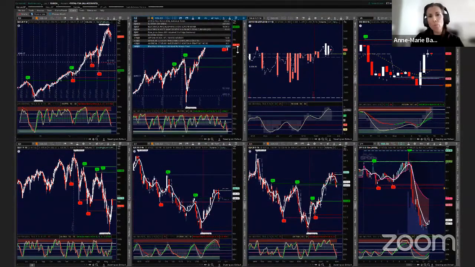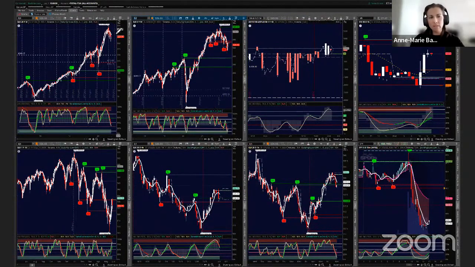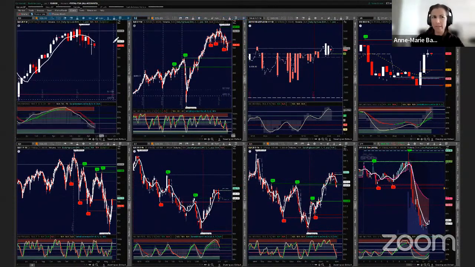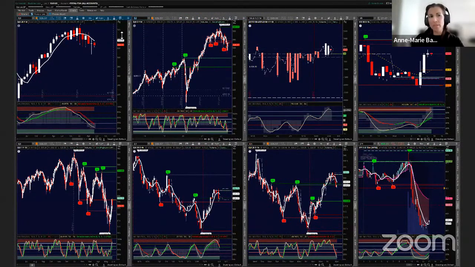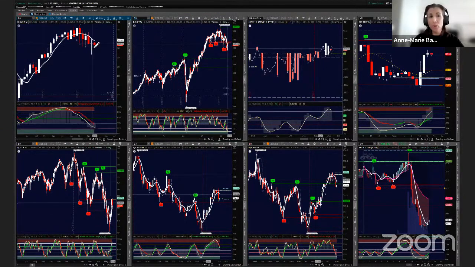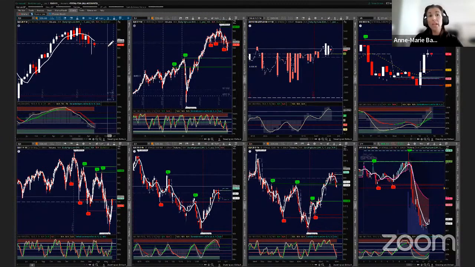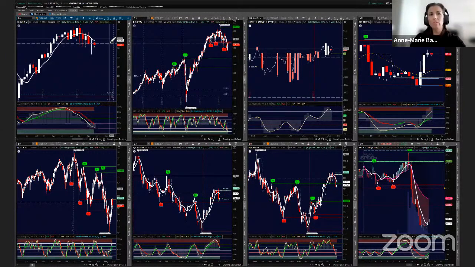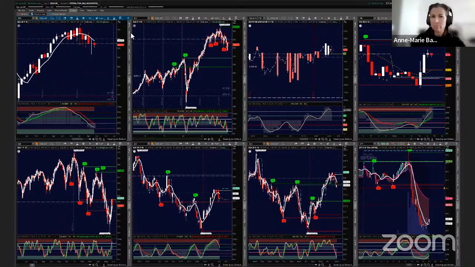So let's think about what we need to see in order to have a look at what we think the Dow is going to do. Right now, we just started a brand new month, and straight away, we've lost the close of the month. So that's not good. If we breach above the close of the month, the goal is going to be to get to 34,000.